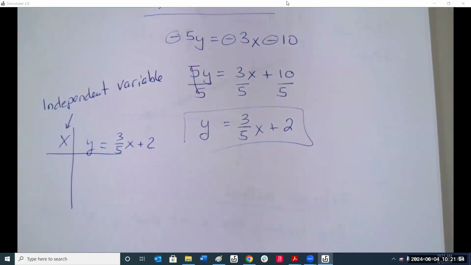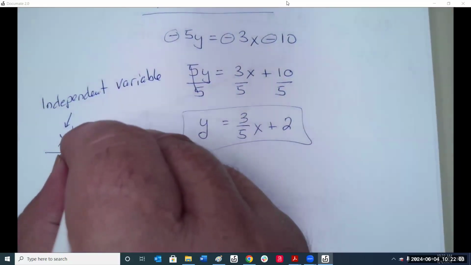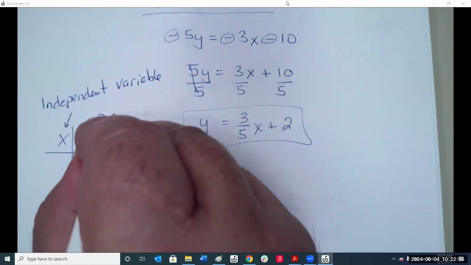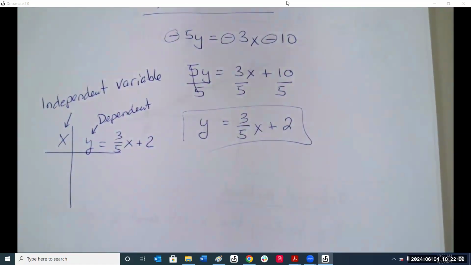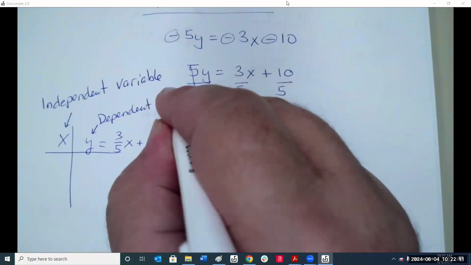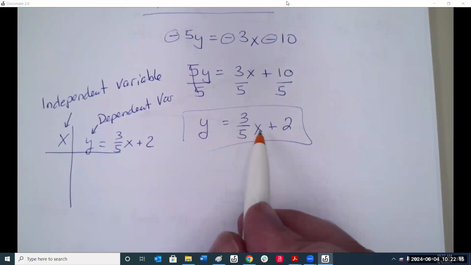Once we get it in this form, we can pick any value we want and plug it in for x. Y is what's called the dependent variable, because the value of y depends on whatever x you pick.